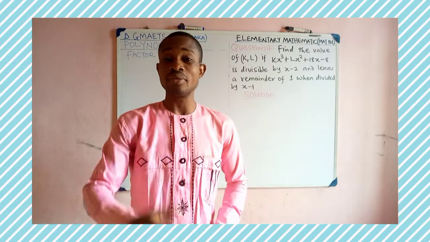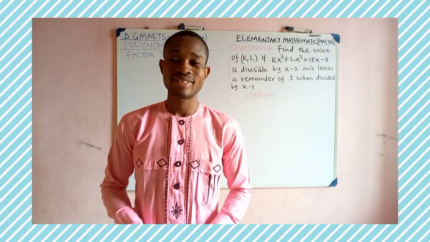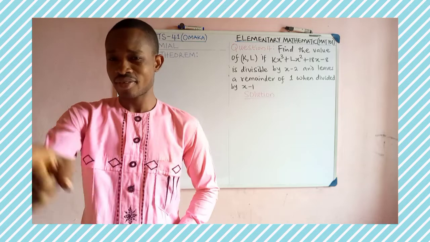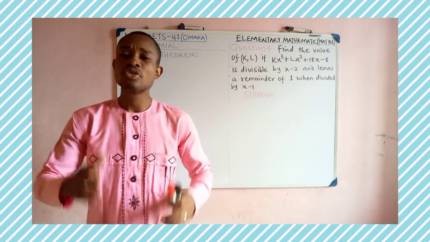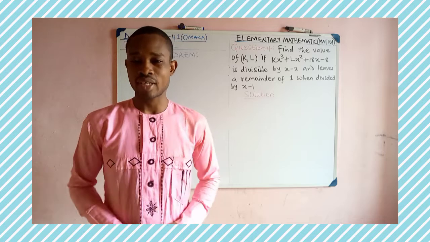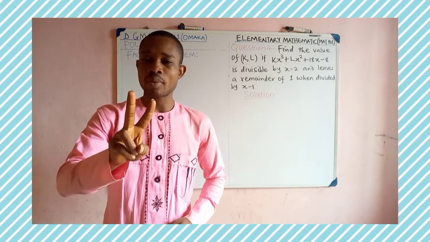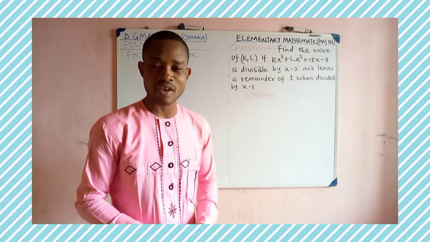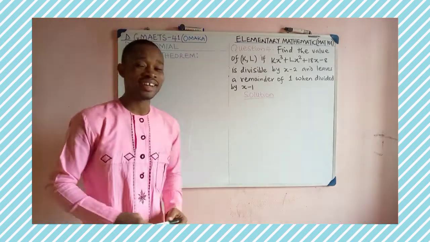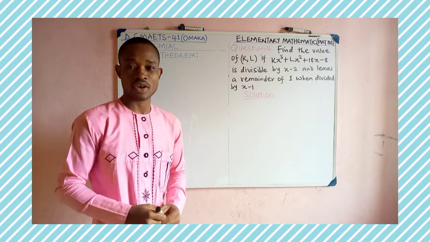So what does that tell you? You're going to use what? Let me hear from you, okay? Yes? You are absolutely correct. You're going to use remainder theorem there. So we are going to apply both remainder theorem and what? Factor theorem. Of course, we'll solve and get our K and L. Can we be a bit fast in solving that?